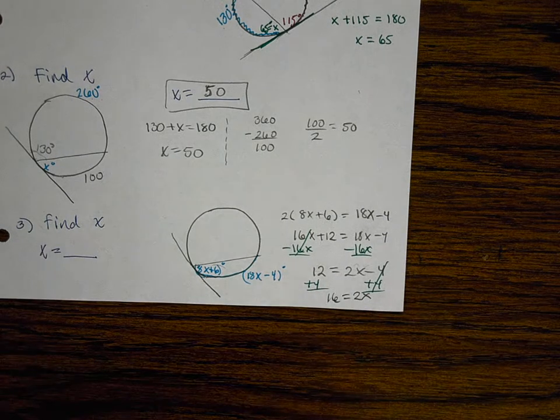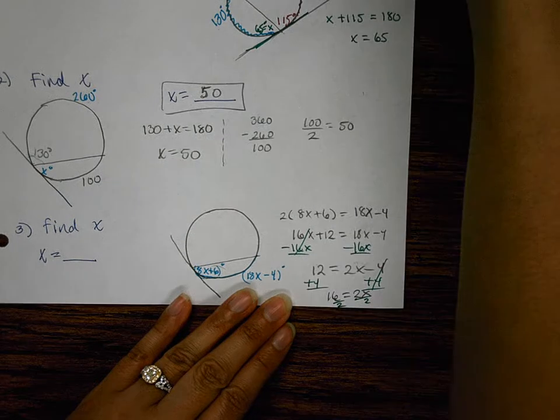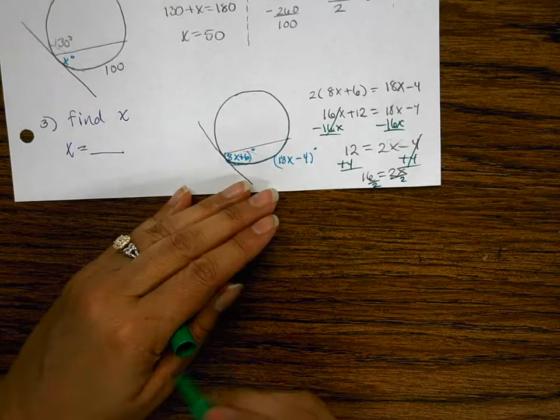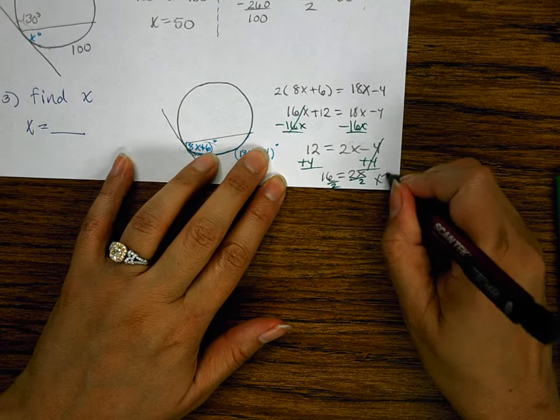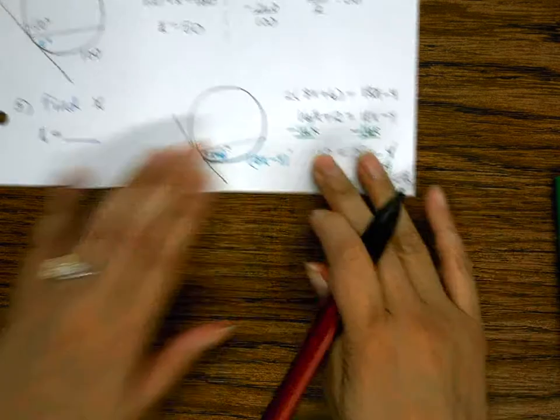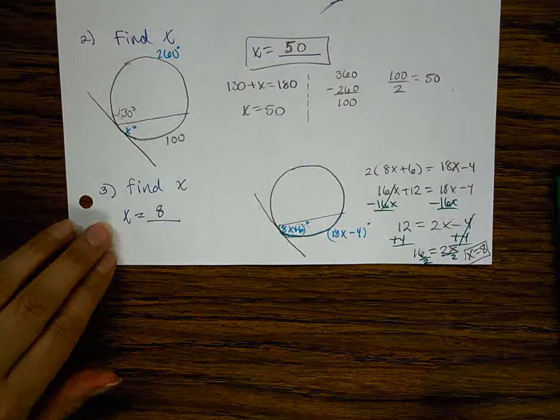And the very last step is to divide both sides by 2. And luckily it's even. 16 divided by 2 is 8. So x equals 8. All right, that is it for this lesson.